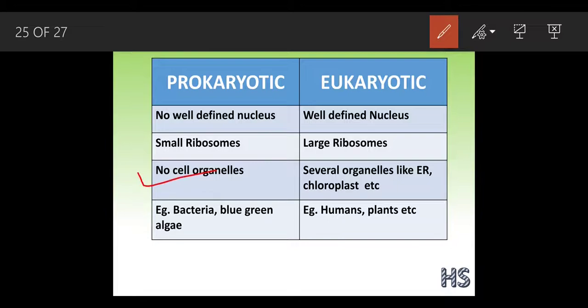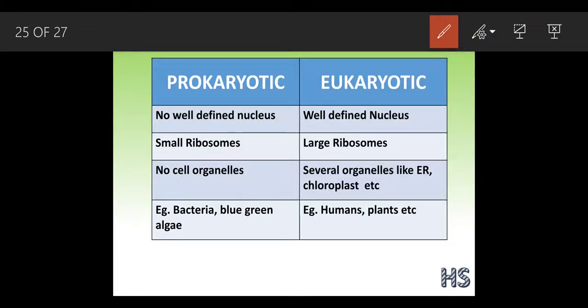They do not have any kind of cell organelles, but eukaryotes have several cell organelles like the endoplasmic reticulum, chloroplast, ribosomes, lysosomes, mitochondria, etc. There are various cell organelles. When we studied the cell organelles, we were discussing the eukaryotic only.